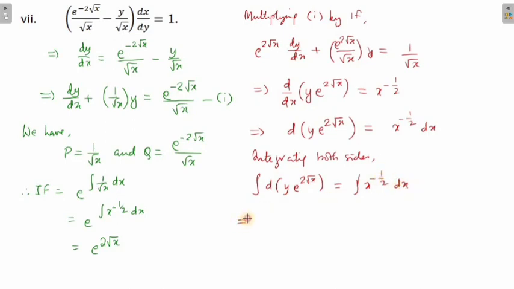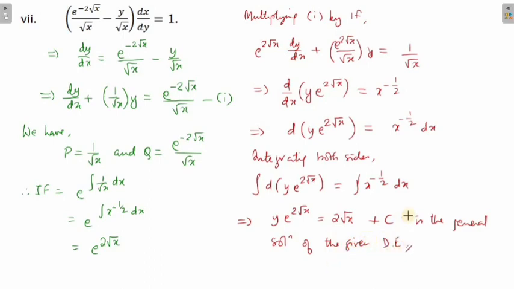All of you know this is y e to the power 2 root x, and I showed you that this integral will be 2 root x, isn't it? Since you are done with the integration part, you'll put a constant of integration. So this is the general solution of the given differential equation.